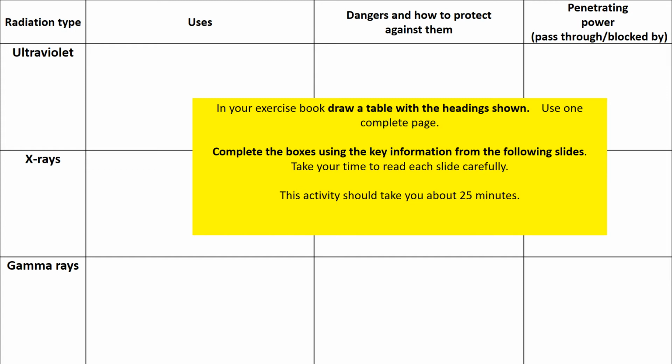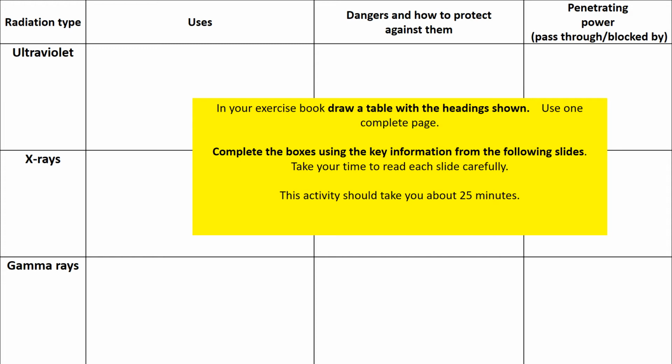And lastly, you're going to do exactly the same for gamma. So I thought it would be useful for you to be able to look at those slides plus have the table that you can break down. And by then completing the table, you can then compare those more accurately rather than just writing down information.